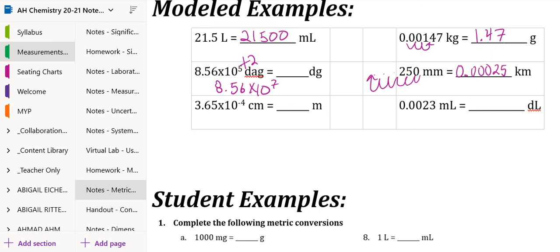What about the next one? We're going from centi to milli, to our base unit. So are we going to add to the exponent or subtract? We're going from a smaller to a bigger. We're going to subtract how many? 2. And so we'll get 3.65 times 10 to the negative 6th meters.